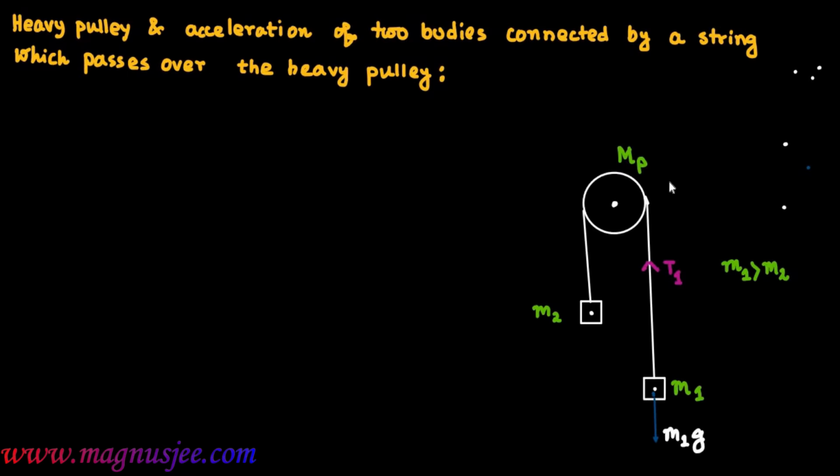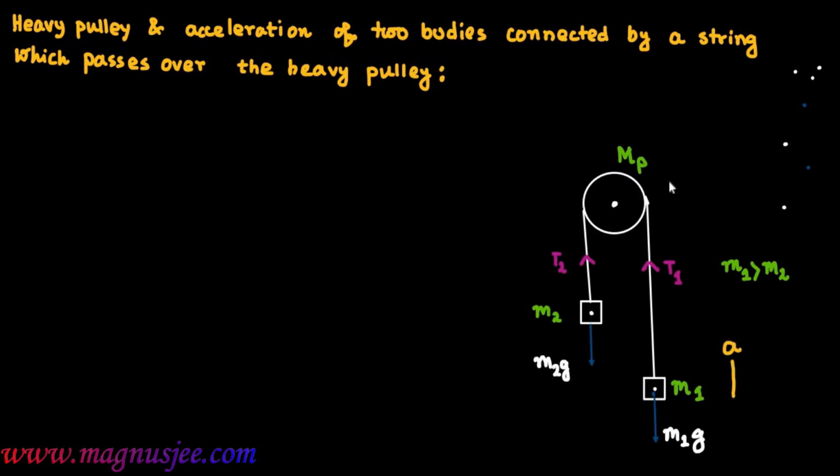Now we can consider the weight of the other body, that is the weight of the body of mass m2, which is m2g, and acts downwards. T2 is the tension. In this case, the tensions acting in the string on either side of the pulley are different.